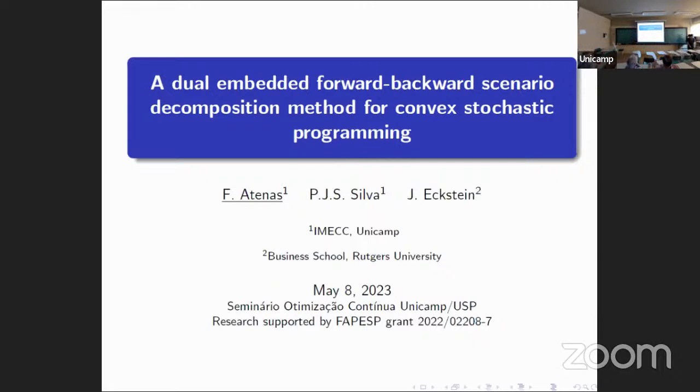Thank you. So as Carlos said, today I'm going to present a decomposition method that works for a general problem, but today we will discuss the application to stochastic programs.